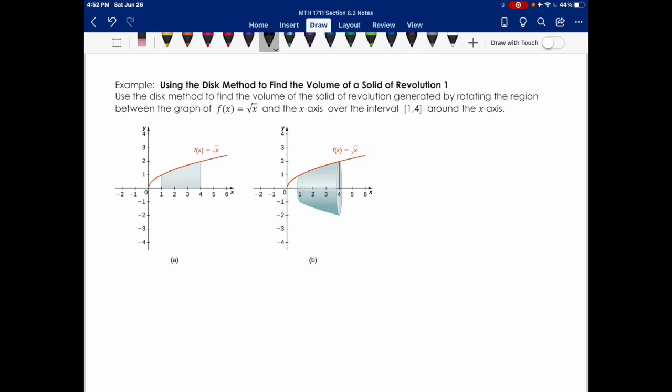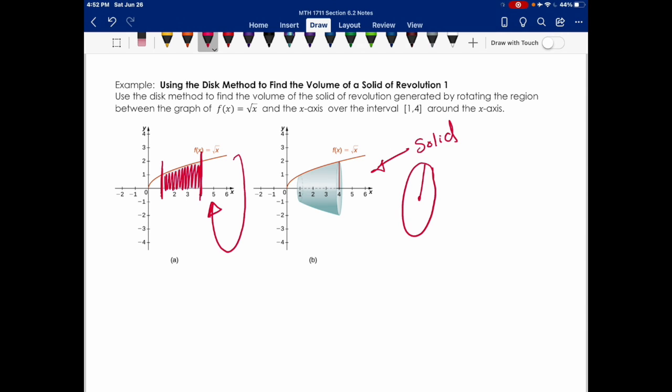It says use the disk method to find the volume of the solid of revolution generated by rotating the region between the graph of square root of x and the x-axis, and we're going to do this over the interval from 1 to 4. So when we look at picture A, we're looking at the interval from 1 to 4, and we create this planar region.